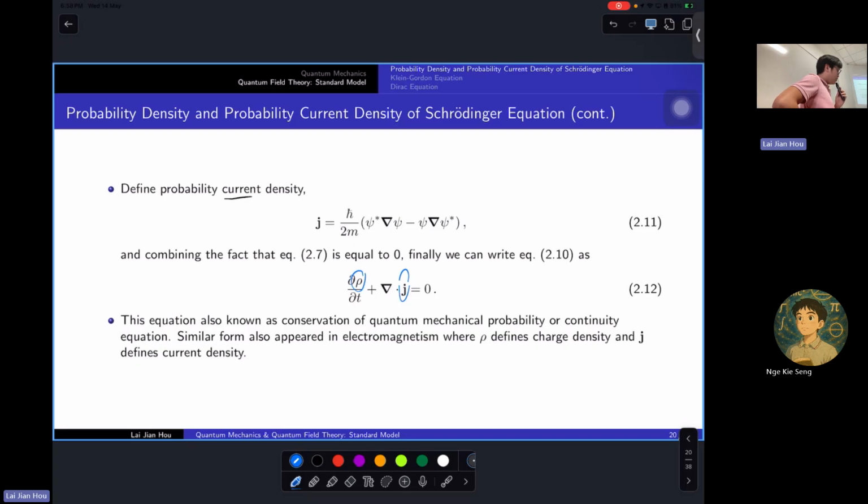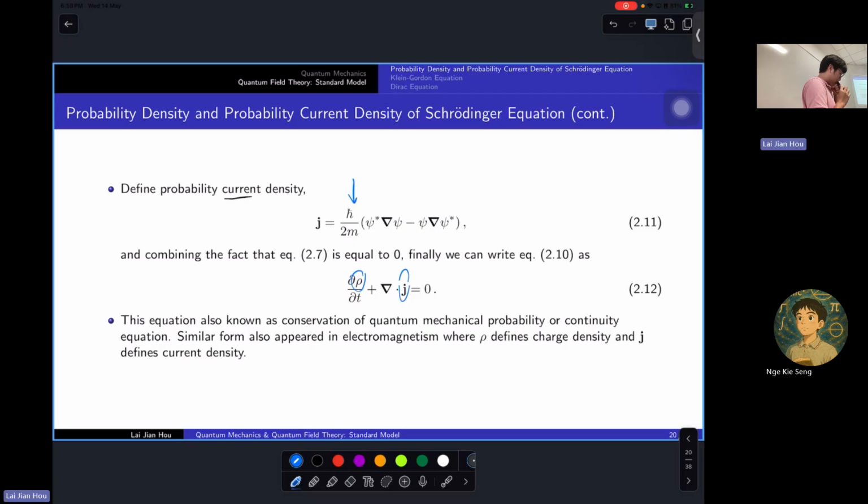Then written in the wave function, in the form of the wave function that is describing the physical state. A similar form.